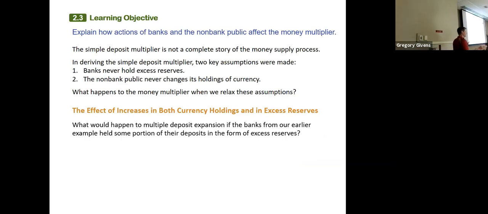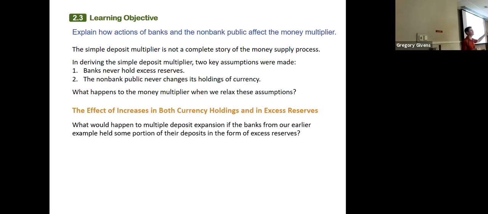Let's go back to our example where we choose to hold zero currency. And instead, let's think of a case in which, suppose that PNC Bank receives this $100,000 deposit in some investor's checking account. But instead of PNC keeping $10,000 in required reserves and loaning out the other $90,000, ask yourself, what would happen to multiple deposit creation if PNC simply elected to hold the full $100,000 in the form of reserve?